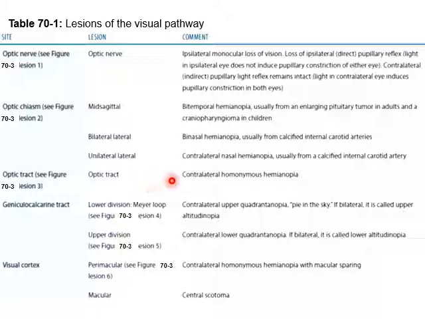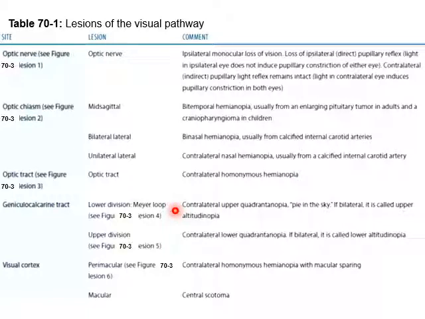So you will get contralateral, because it's the opposite, homonymous, because they are in the same direction, hemianopia, whether that's in the right or the left. So it is always contralateral. When you affect the optic tract on the right, you will get damage on the left. When you affect the optic tract on the left, you will get the damage of the field on the right.